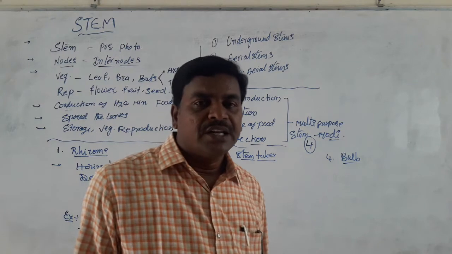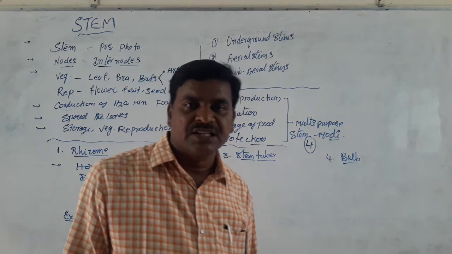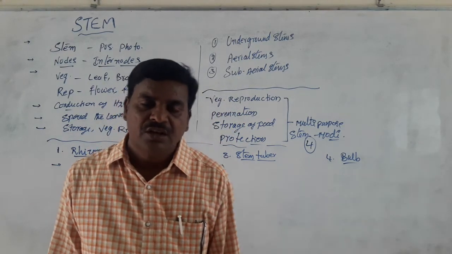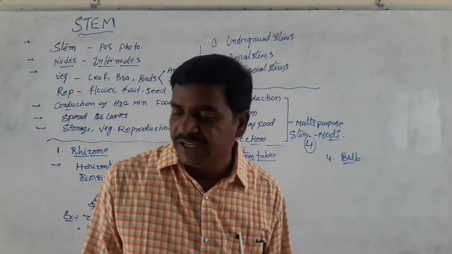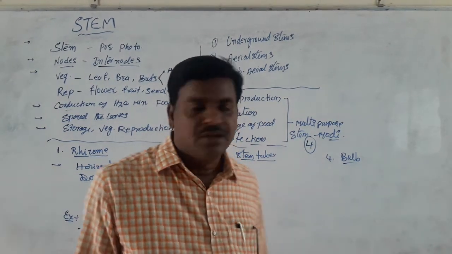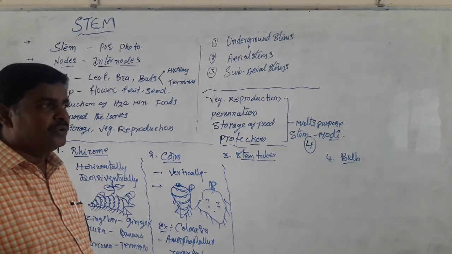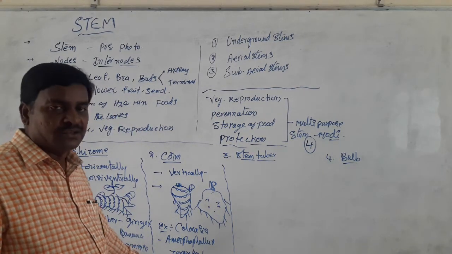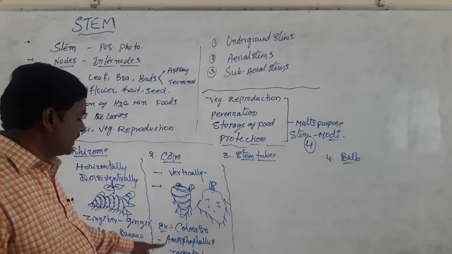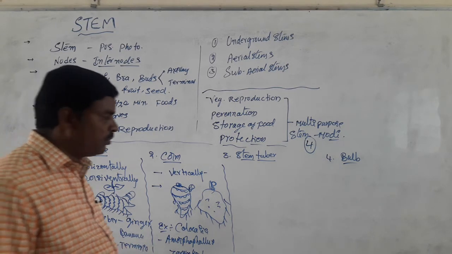So the vertically growing underground stem modification is divided into a number of nodes and internodes, and the axillary buds of the nodes produce daughter corms. Amorphophallus corm is represented by pull roots or contractile roots. Examples: Colocasia and Amorphophallus.